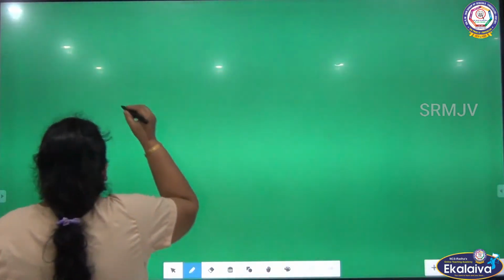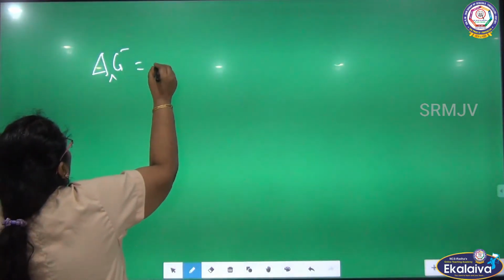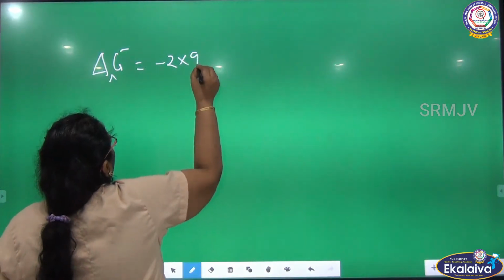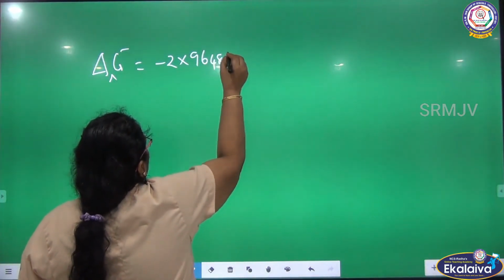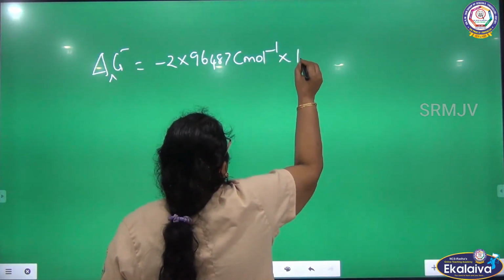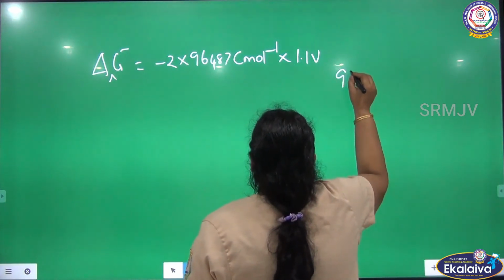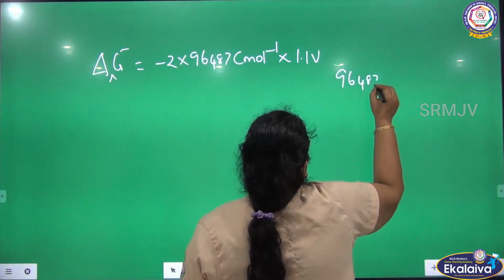Minus 2 into 96,487 coulombs per mole into 1.1 volt. So let us multiply 96,487 into 2. You will be getting 192974. Into 1.1, what is that?